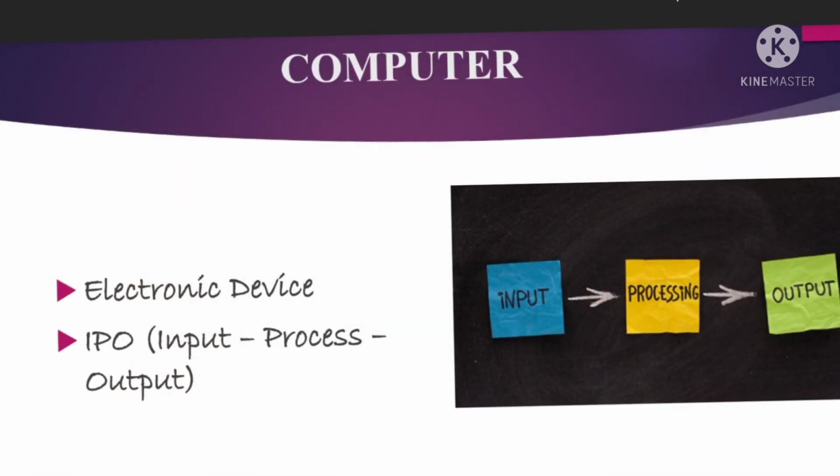So what's a computer? All of you might obviously know about it. A computer is an electronic device. But why? Because it's made up of electronic components, right? And it uses electric energy to operate, and that's the reason we call it an electronic device.